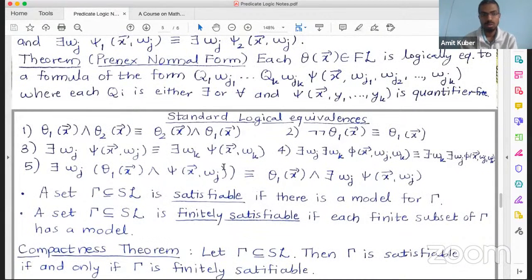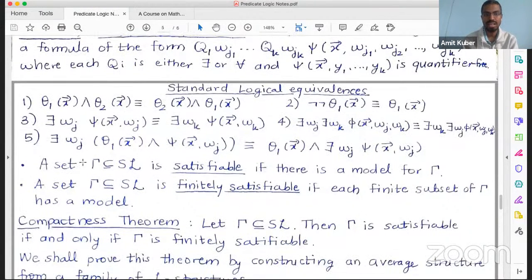Right. So now our main goal is to show the compactness theorem. Of course, we have said that a theory is satisfiable if and only if there is a model for gamma. And we say that a theory is finitely satisfiable if each finite subtheory has a model.